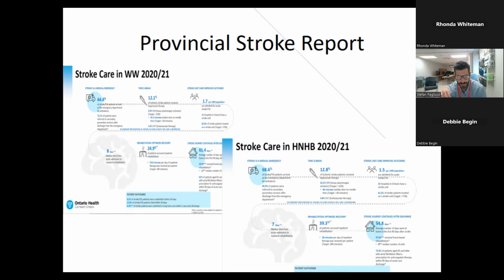The report pulls data from a provincial perspective, a regional perspective, and then it even sends data organization by organization. And so this data is crucial as it's a driver for change in stroke care across the province. This data utilization is moved forward for organizational priority setting and meetings we have with each organization across our region.